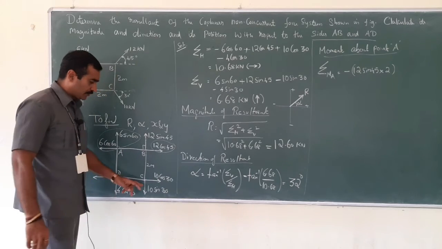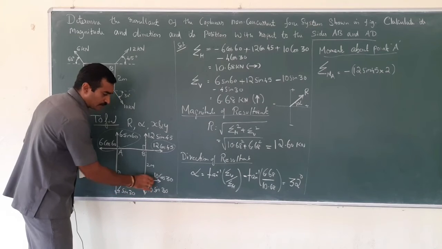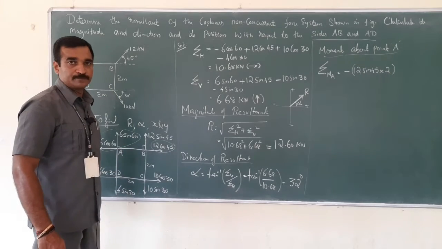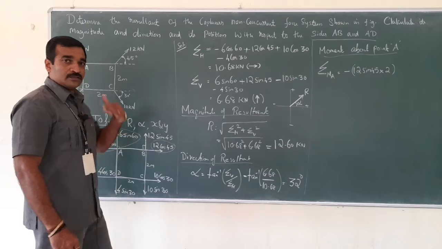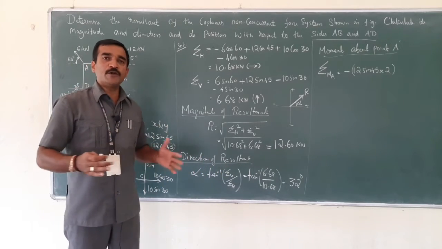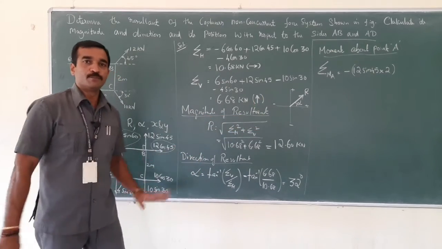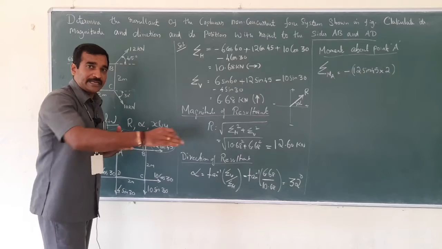Point C. Now, here a force is acting vertically downwards and a force is acting in the horizontal direction. The definition of moment is force and the perpendicular distance of the line of action of the force from that point. So we need to bring that line of action.